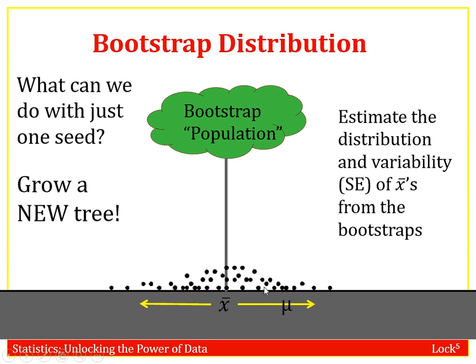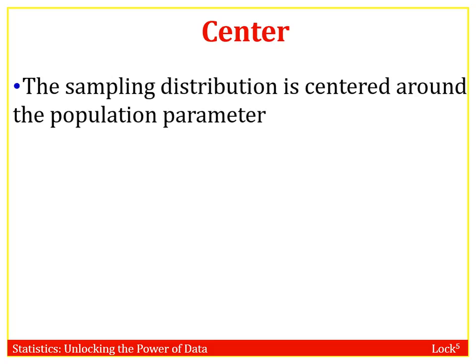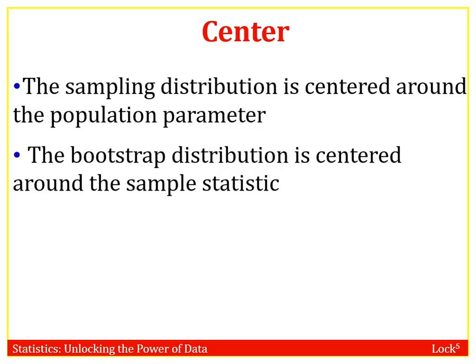It may be different than our original mean of our population that we had over here in the last slide. Now, our bootstrap statistics are to the original statistic as the original sample is to the original population. Very key here. However, the sampling distribution is centered around our population parameter, but the bootstrap distribution is centered around our sample statistic.